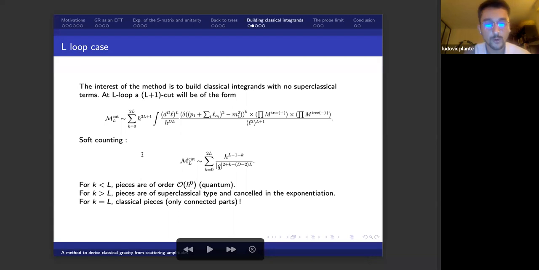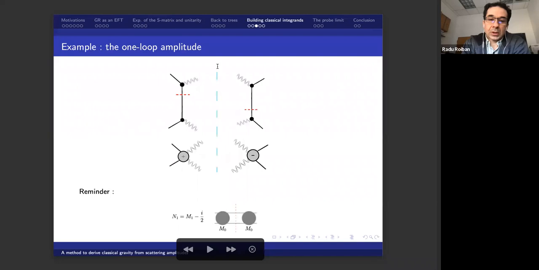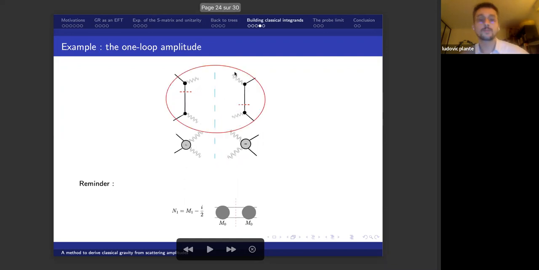Maybe to show what it means, I will show the one loop example. At one loop, 10 minutes left, including the questions. Okay, so at one loop, you consider the two graviton cut, and you consider three amplitudes on the left and on the right, and you expand them the way I just showed. So you have one piece with a delta function and the plus amplitude or a minus here. The first piece you have to consider is this, where you multiply this piece with this piece.